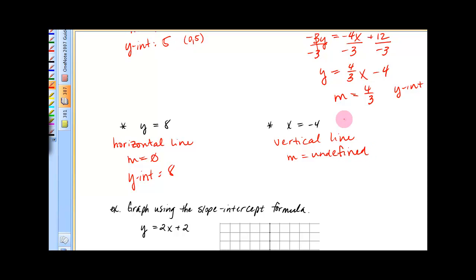Remember? It's undefined. It's a vertical line. It never crosses the y-axis. So there cannot be a y-intercept.